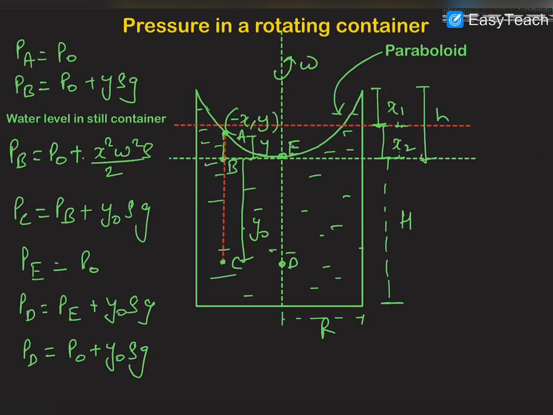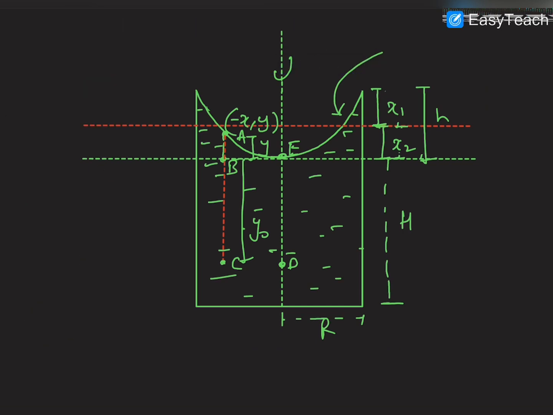Now let us analyze this situation again in a different manner. Let us use the next page. In this case, you can see that the initial water level was H, and let us suppose that H is this.